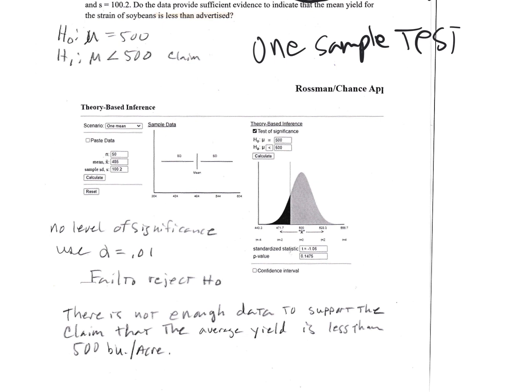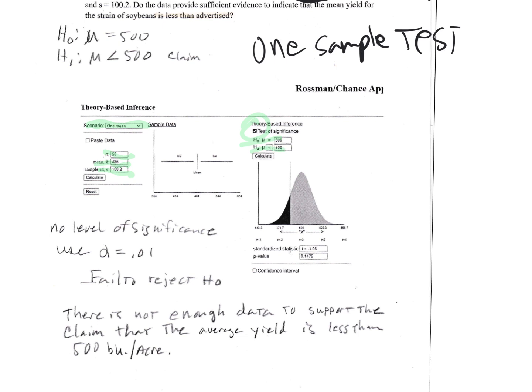What you want to do is select on this little drop down one mean. Then fill in your information: the sample size, the sample mean, and the standard deviation. Notice you're using the sample standard deviation. Then check test statistic, significance test, and fill in your H0 and H1.